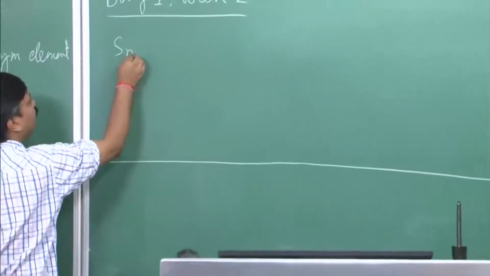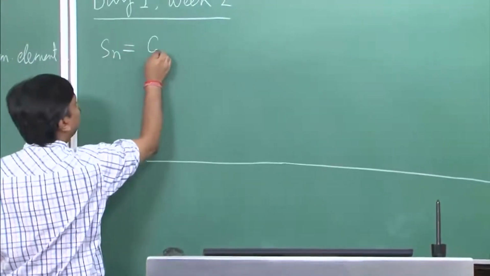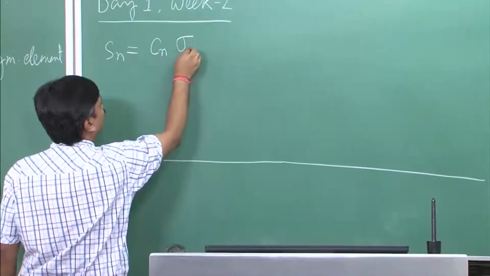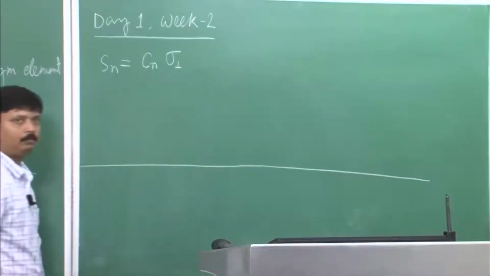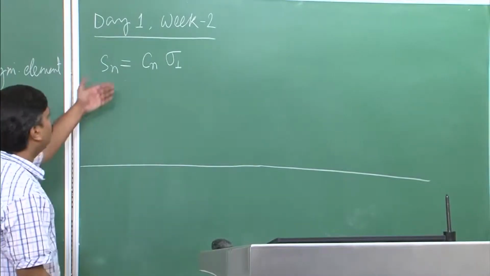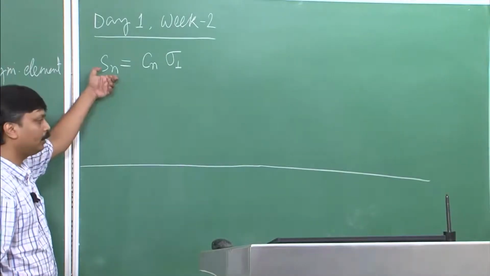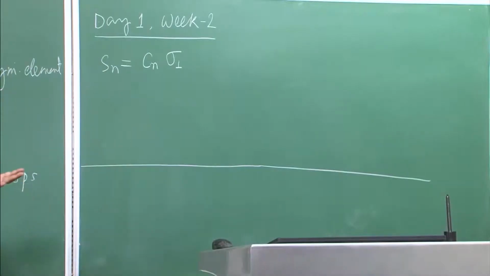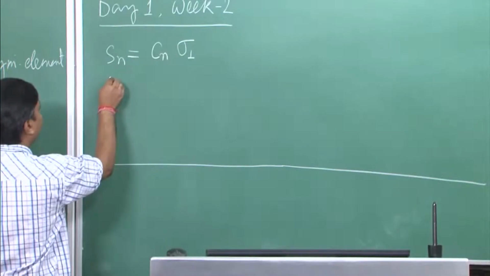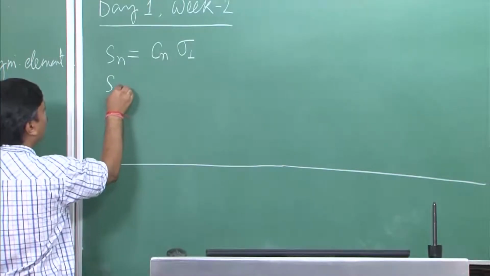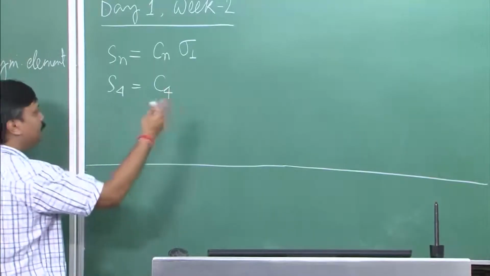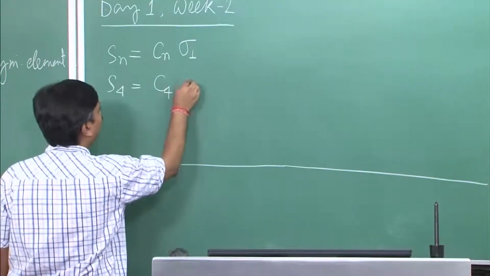Sn is nothing but a Cn followed by a reflection on a perpendicular plane that we call sigma perpendicular. Okay. So now when n is even, let's take a particular example. I will take S4, that is equal to C4, that means a rotation by 90 degrees, followed by sigma.